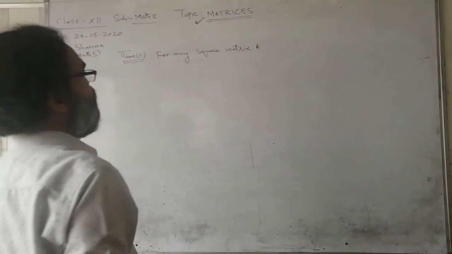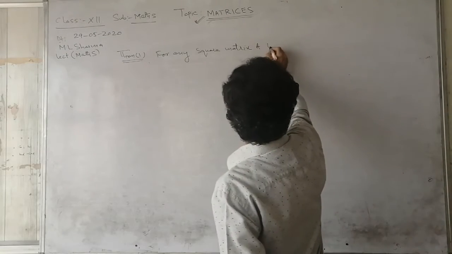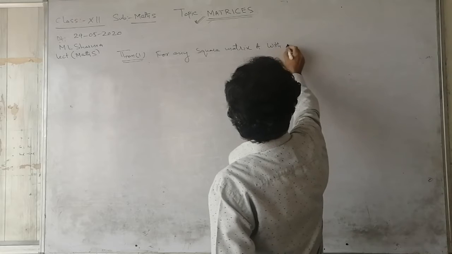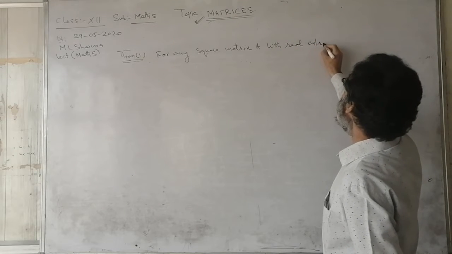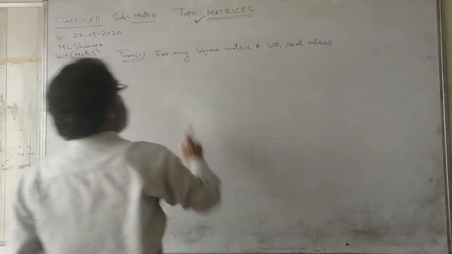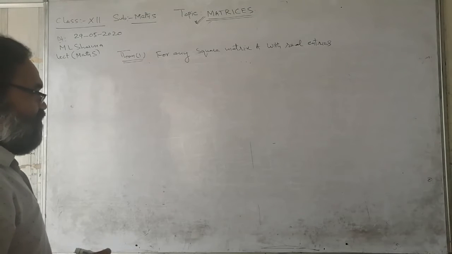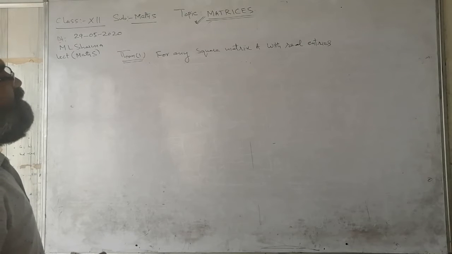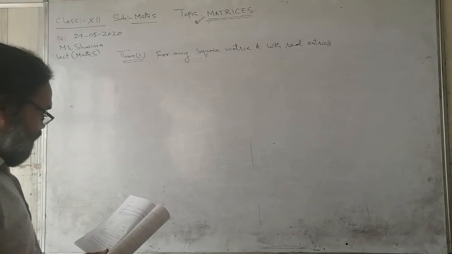if we have any square matrix A with real entries, the condition is that the matrix should be square. Square matrix means its number of rows and columns must be equal, and its elements should be real.